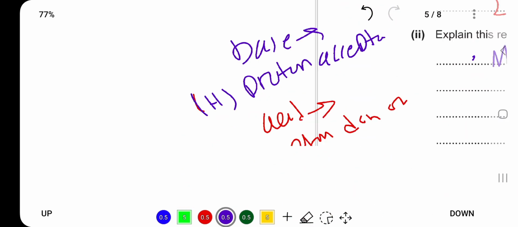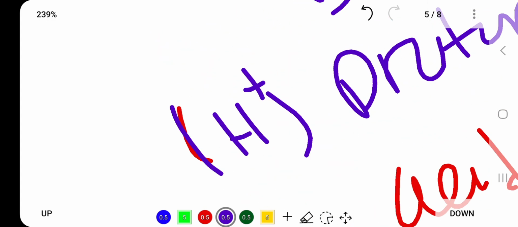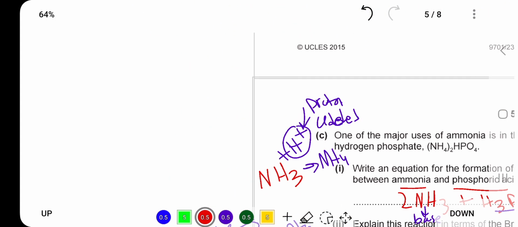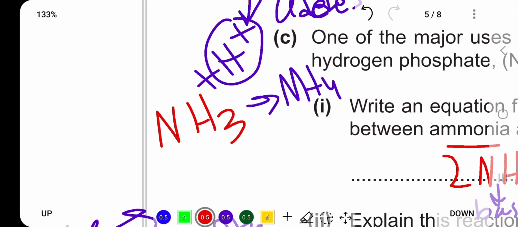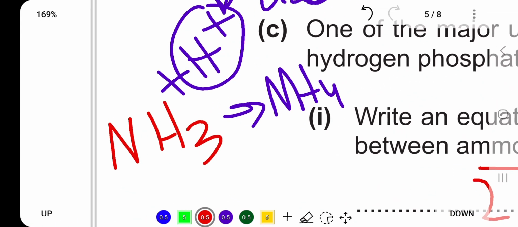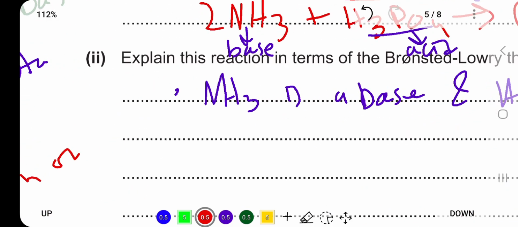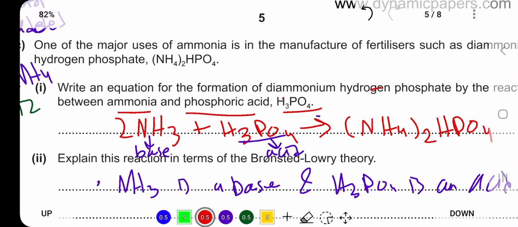H plus indicates the protons. So since NH3 is converted to NH4, it shows that it is in fact basic because it accepts protons. So that's a point.